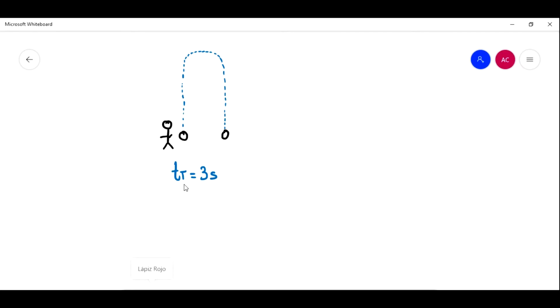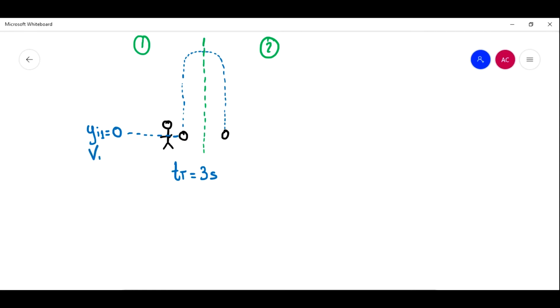Let's just remember that we divide this into segments. This is segment number 1 when it goes up, and this is segment number 2 when it goes down. Remember that this is the initial position of segment 1, that most of the times is 0.